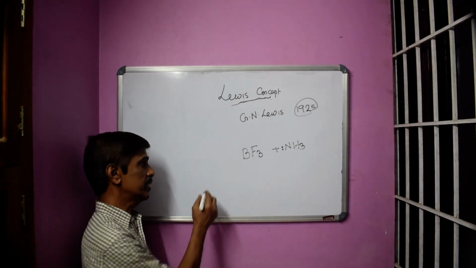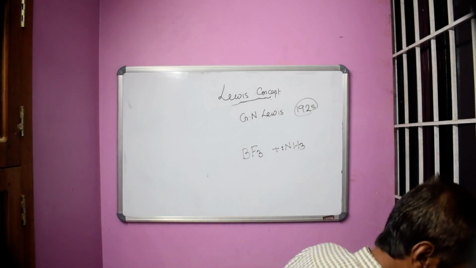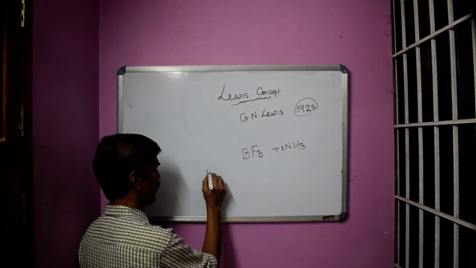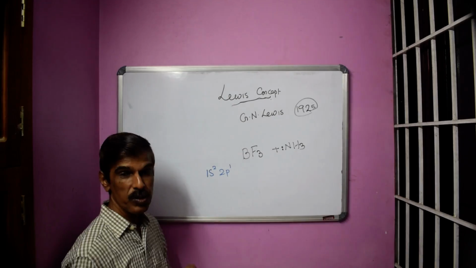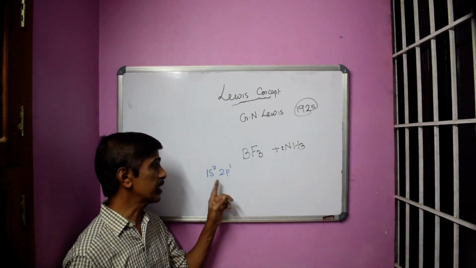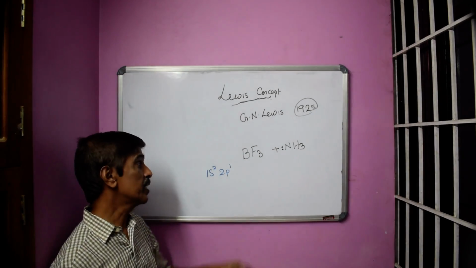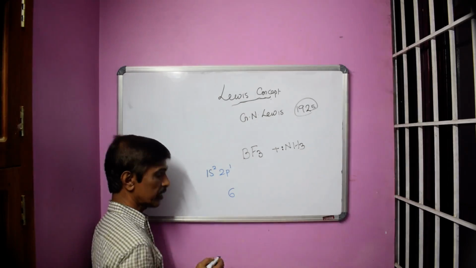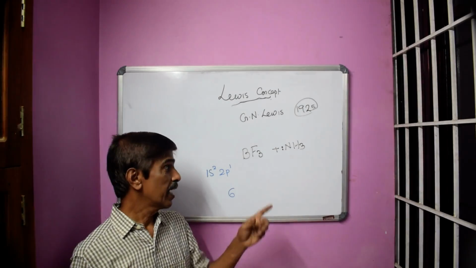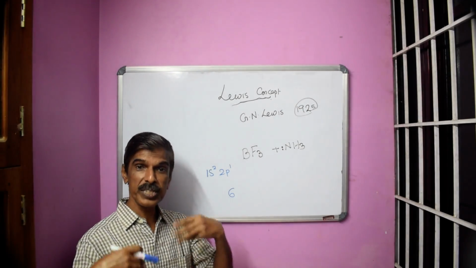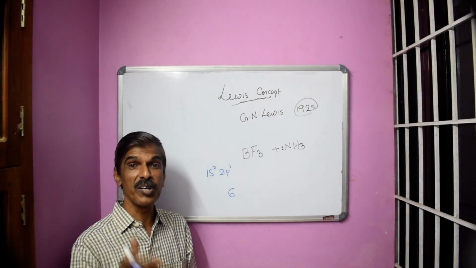Boron is 1s2 2s2 2p1, isn't it? It belongs to group 13 and it has 3 electrons in the outermost shell, and it has 3 fluorines, and when it forms BF3, 3 plus 3, only 6 electrons are there in the outermost shell. It is 2 electrons short of its octet, and yes, as we say that the ammonia is ready to share its electron pair, BF3 is ready to accept that pair because it is short of 2 electrons.